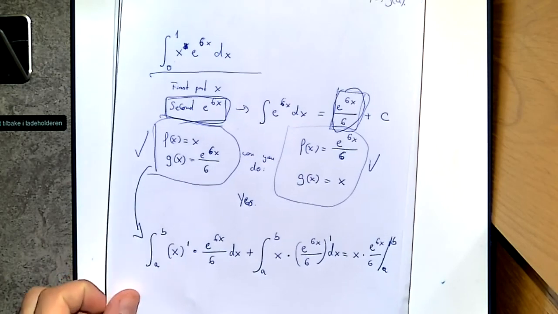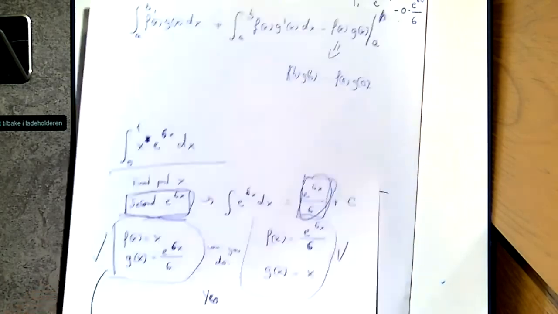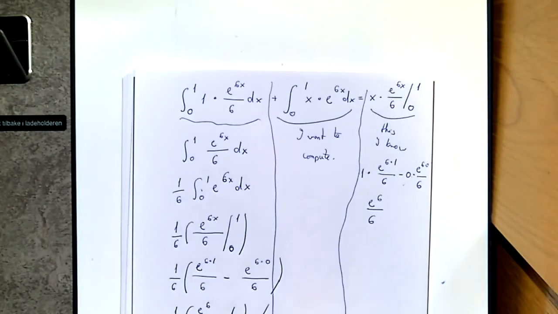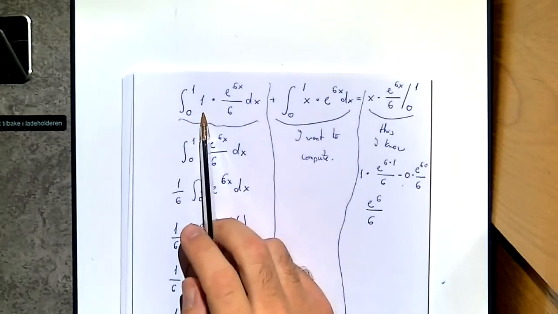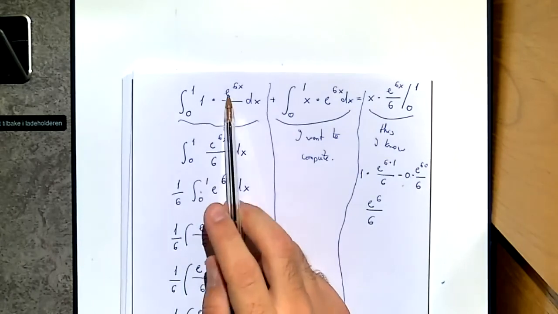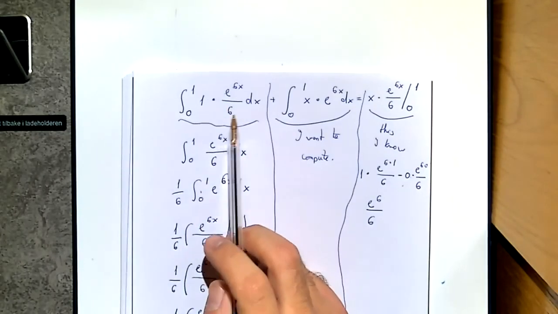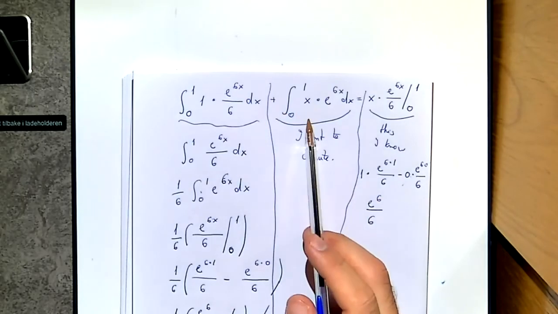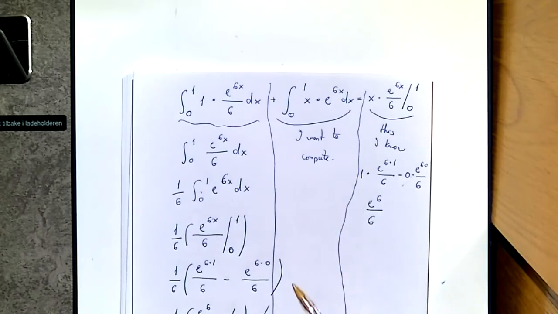And after you've replaced, you just start doing the computation. What is the computation? I just have x derivative, which is 1, multiplied by whatever this is, dx, plus the integral from 0 to 1 of what I wanted to compute in the first place.